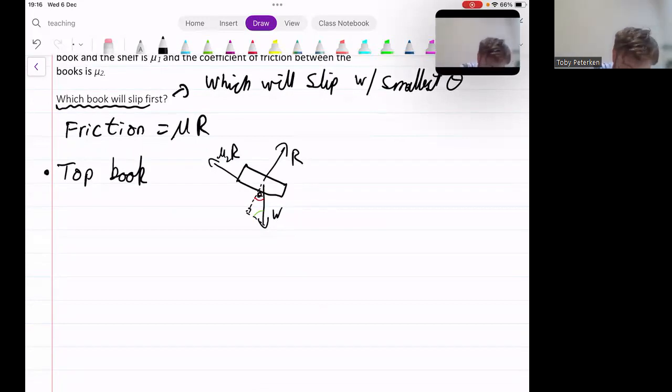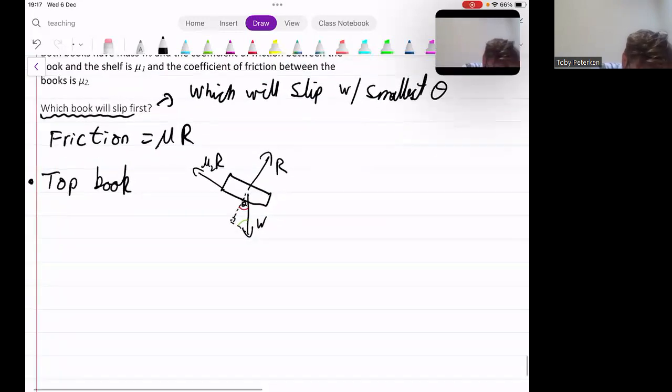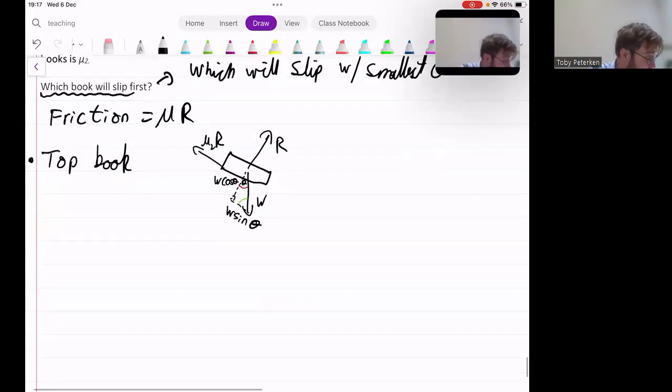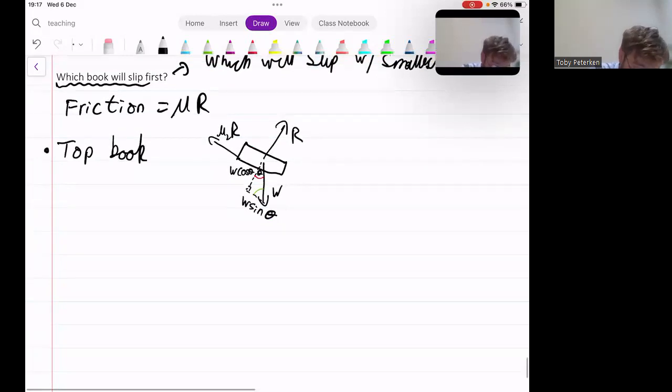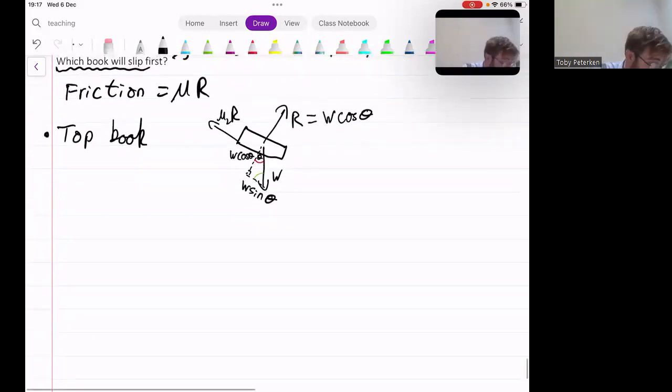So let's look at the two components. In this direction, the perpendicular length is the adjacent, so this is W cos theta. And down the slope, in the parallel direction, we have W sine theta. This means the reaction force is also equal to W cos theta. So let's look at the net force down the slope.